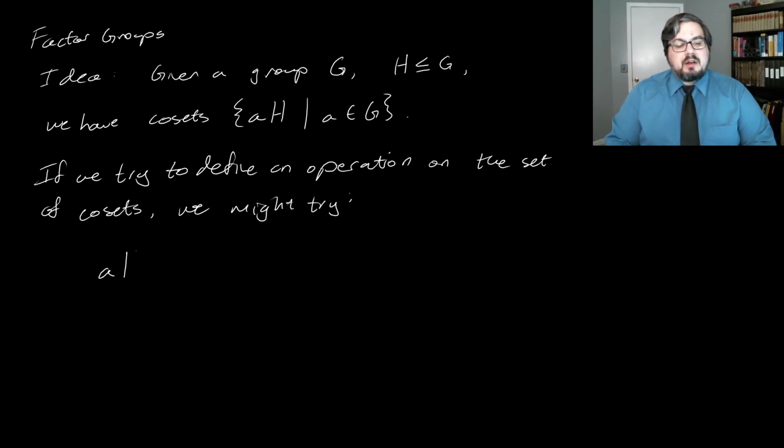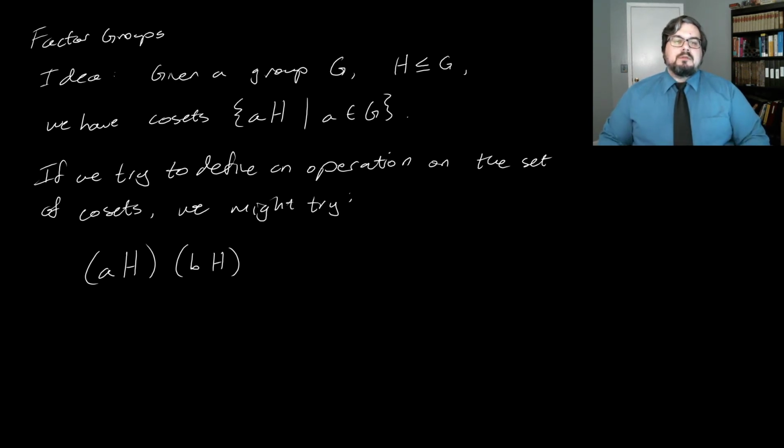If I have a coset AH and I want to multiply it by a coset BH, the only algebraic structure that we know about so far is the one that comes from the original group G. We, in this sort of abstract setting, know nothing about the specifics of what G or H are, and we know that G is a group, which means it has an operation that satisfies certain conditions.